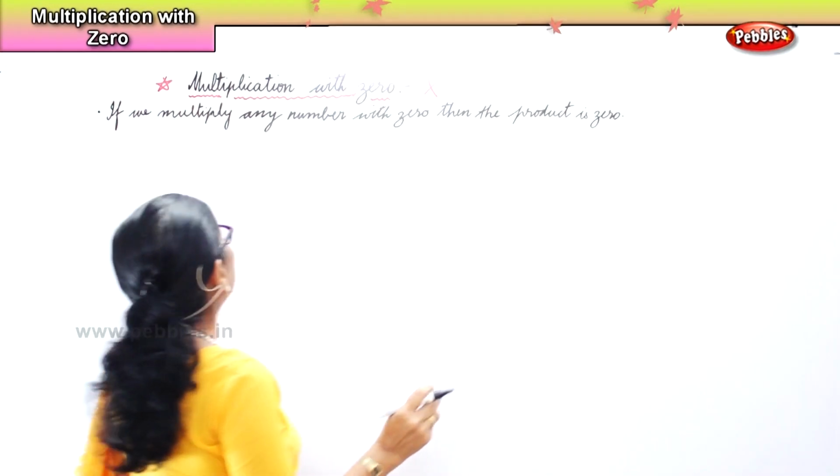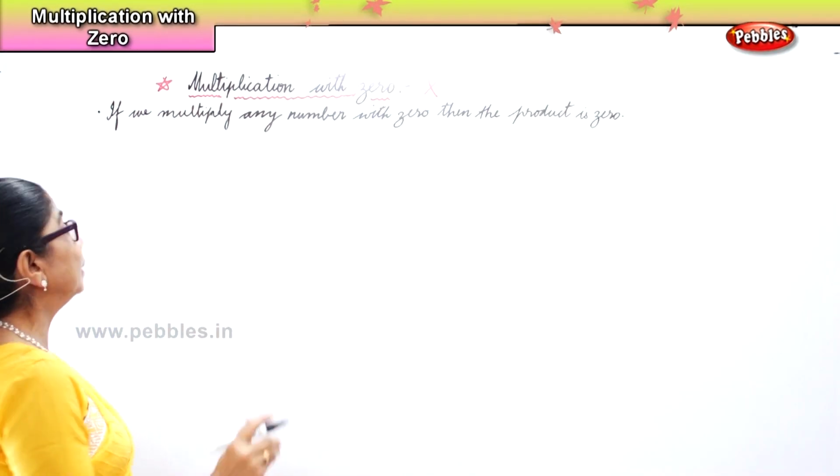What do we need to remember? If you multiply any number with 0, then the product is 0.